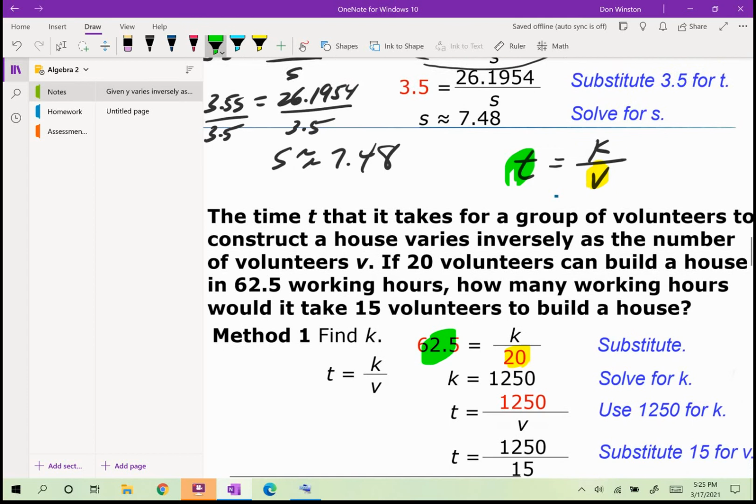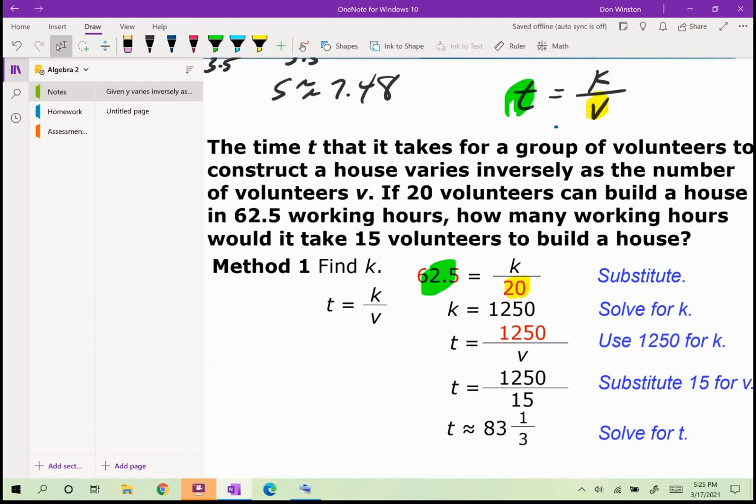So again, first of all, we have to find k. So in this case, T times V equals k. So we have 62.5 times 20 equals 1250. So now we know our inverse variation equation. We found our k. T equals 1250 divided by V. And then the second part says, how many working hours?